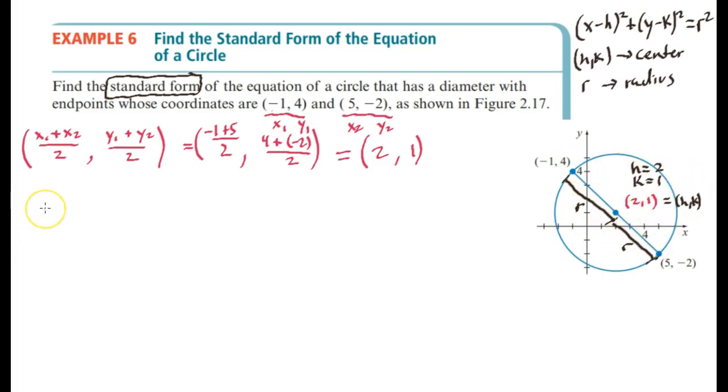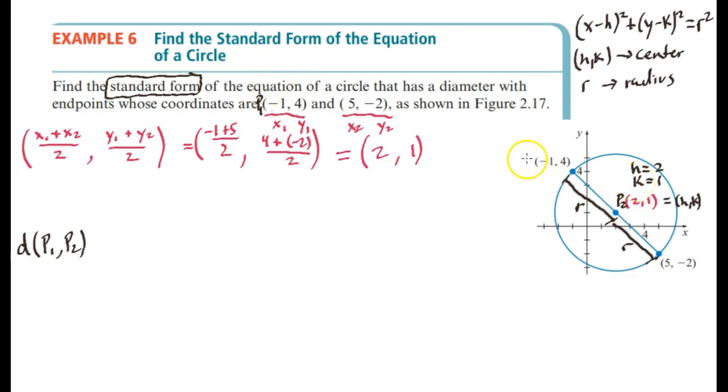But we want to use the distance formula. So the distance formula, I'll just say d of p1 comma p2. Let's go ahead and define p1 to be this point right here. So we'll call this p1, and we're going to call this p2.